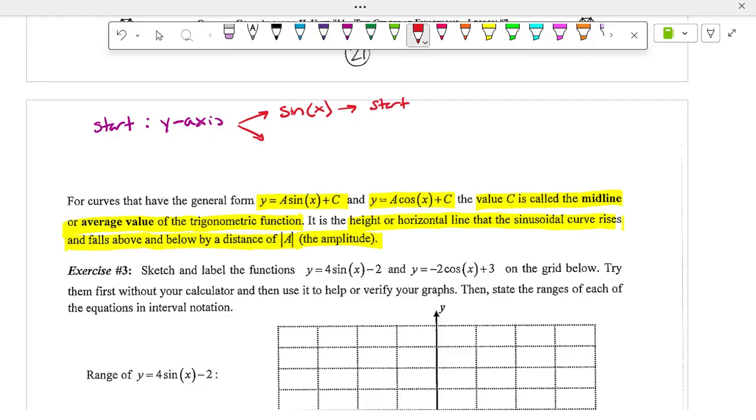So your first point is going to be at the midline. If you have a cosine function where the a value is positive, you start at the max. And if you have a cosine function where the a is negative, you start at the min.